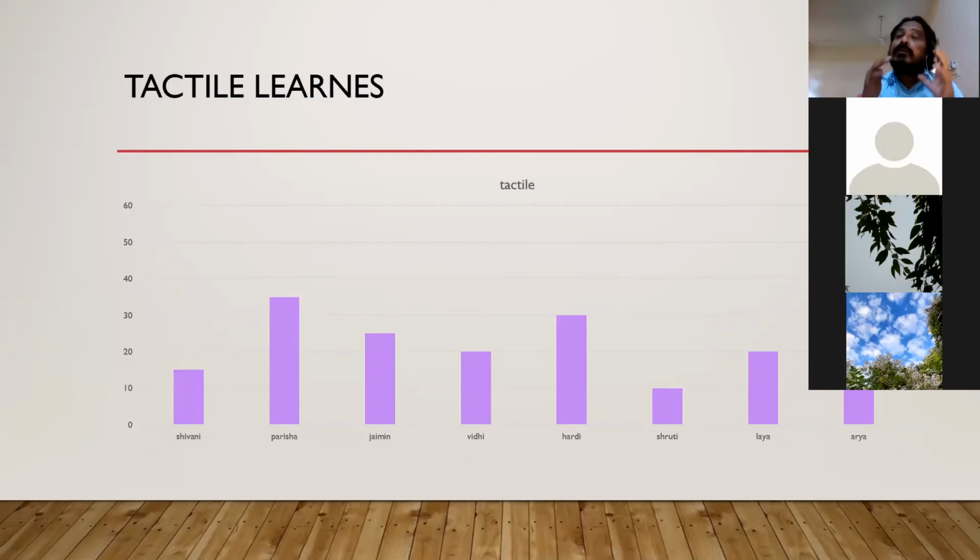If the majority of the class is auditory learners, that means the teacher's voice should be amplified enough to reach the last student of the class. Not only that, when you design an activity for any lesson, you have to keep these in mind.